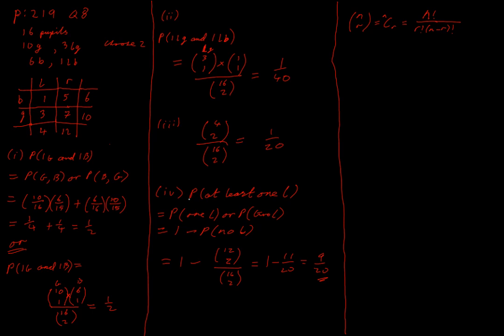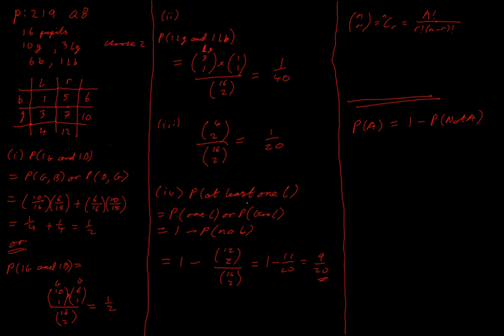Now, I'm just going to remind you, at least 1 is an example of this, but you could also have probability of A equal to 1 minus the probability of not A. I keep harping on about this because it is an incredibly important key phrase in our probability questions.